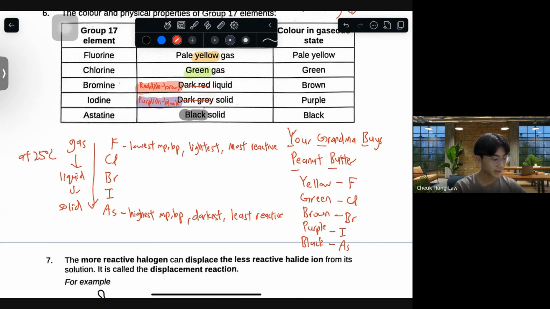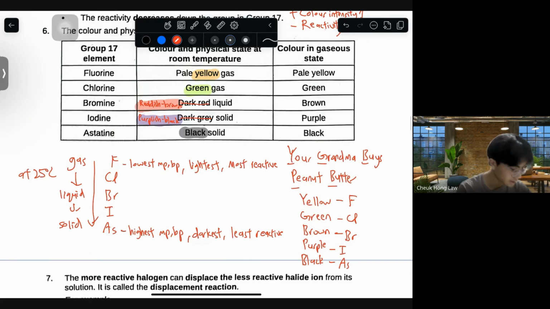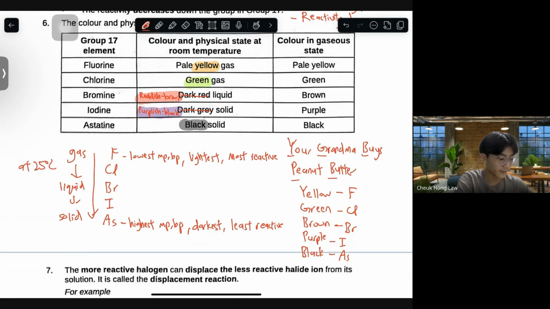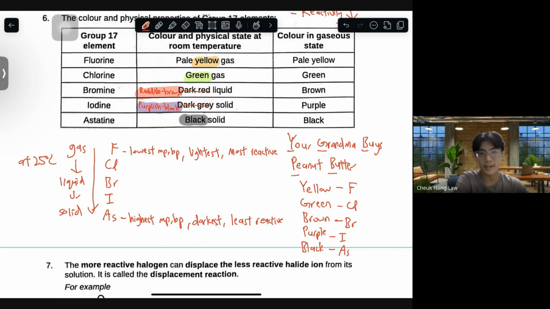And it's actually quite similar to the colors at room temperature as well, right? Because at room temperature fluorine and chlorine are both gas already, so yellow and green. Then bromine, reddish brown, and gaseous state is brown. So it's quite similar. Iodine, purplish black, and gaseous state is purple. Astatine, black.